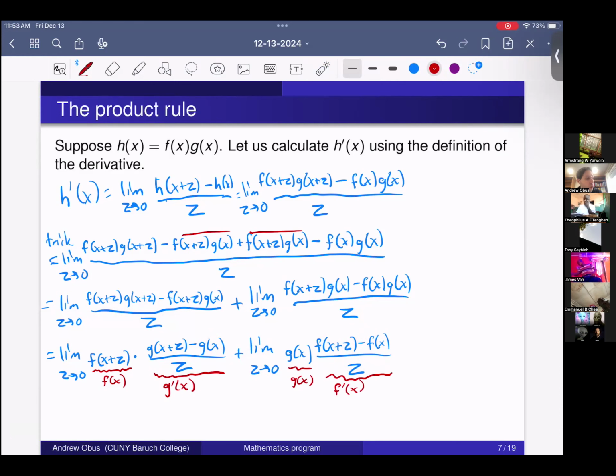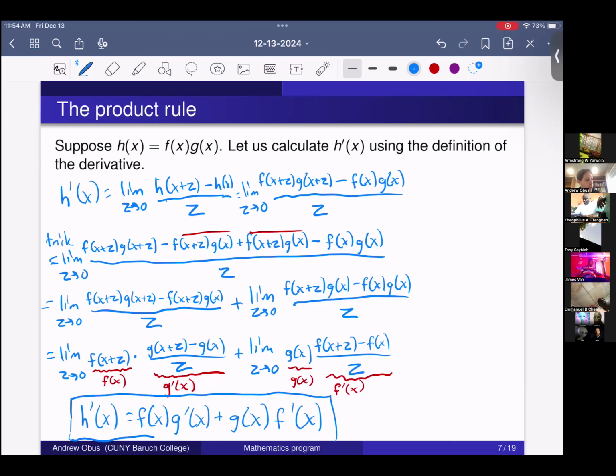Okay, so when we sum it all up, we get that h prime of x, the derivative of h, is equal to f of x times g prime of x plus g of x times f prime of x. And this is what we call the product rule.